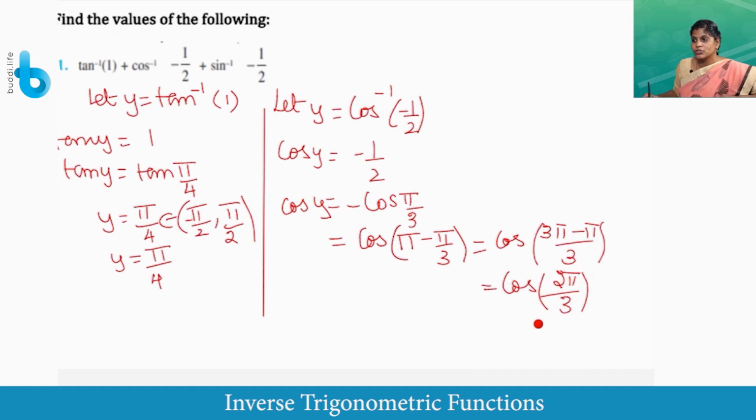Now you have to check whether this lies under your principal value. It actually lies. Then what's the principal value of cos? You can write it here, it goes to the interval 0 to pi.